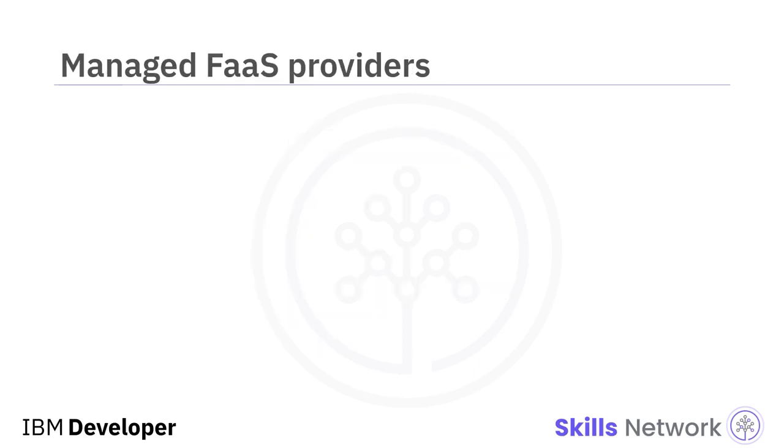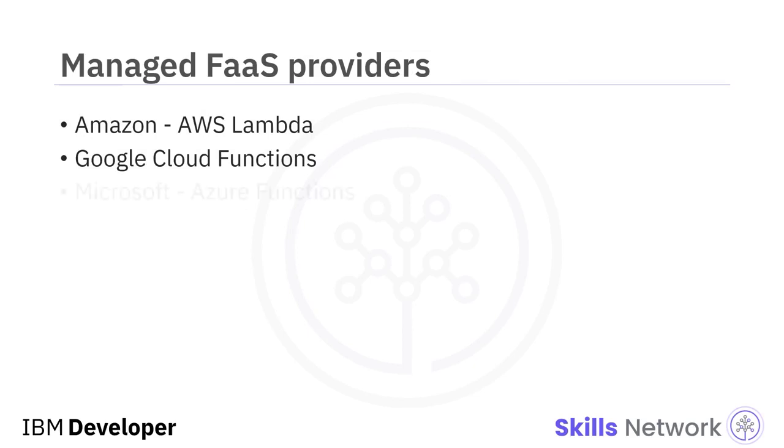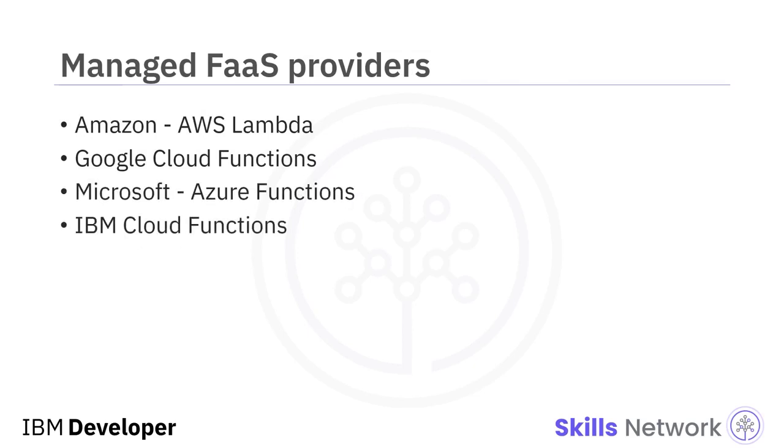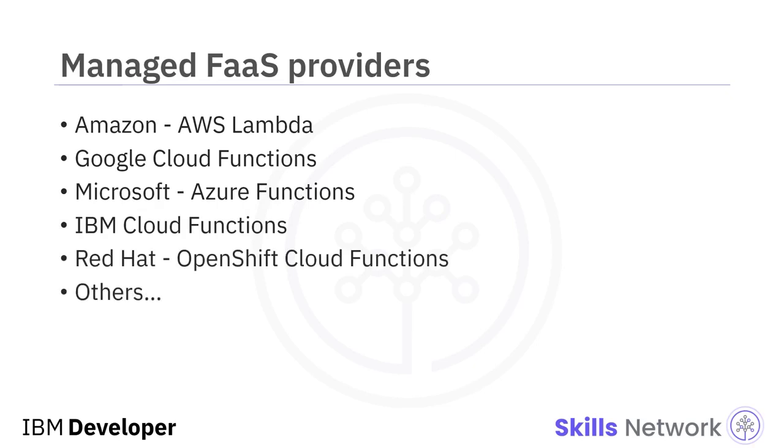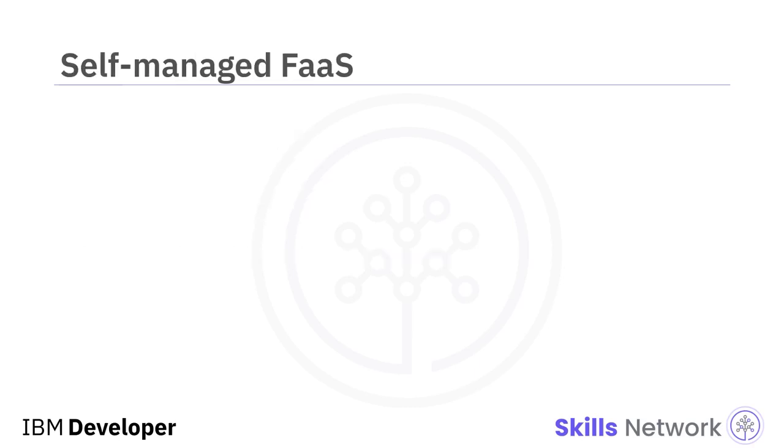Some of the common managed FaaS providers are AWS Lambda from Amazon, Google Cloud Functions, Azure Functions from Microsoft, Cloud Functions by IBM, OpenShift Cloud Functions from Red Hat, and a few others like Netlify, Oracle, and Twilio. Now, there are many self-managed FaaS choices available too if you don't want to depend on third-party managed platforms.